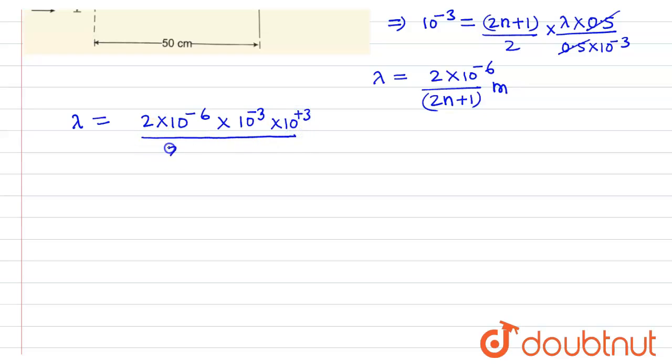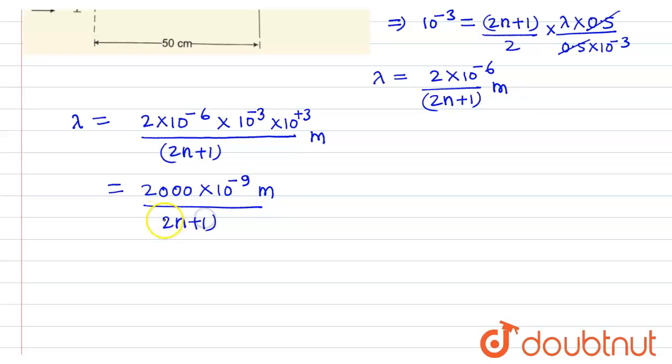So it will be 2000 into 10 to the power minus 9 meter upon (2n plus 1). So this is 2000 nanometer upon (2n plus 1).